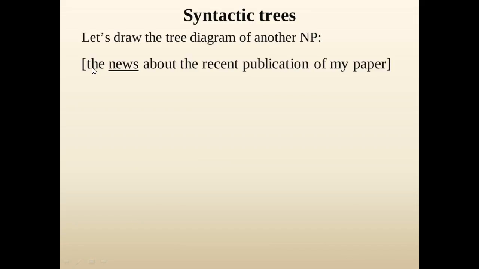The determiner obviously is one of them, and the head of the phrase, the noun news, is another immediate constituent. And then we have one or more preposition phrases. We have two prepositions, we have two preposition phrases, but the issue here is to determine whether this is a whole constituent or two separate constituents.